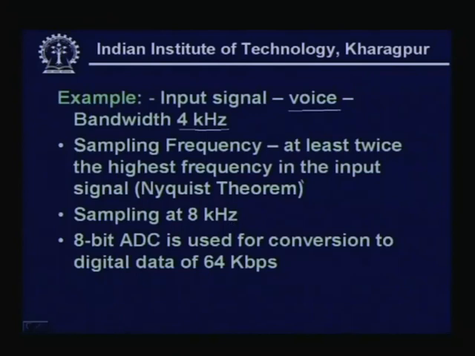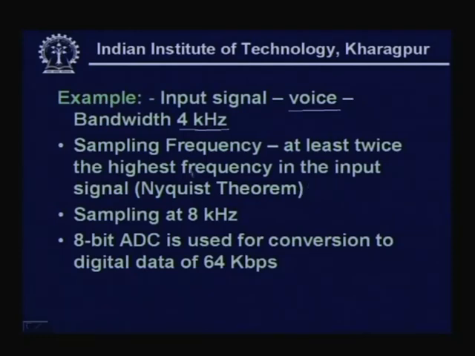You may be asking why the sampling rate has to be more than twice the maximum signal frequency. If it is not done that way, it will lead to aliasing error. We shall not discuss it further in this lecture.